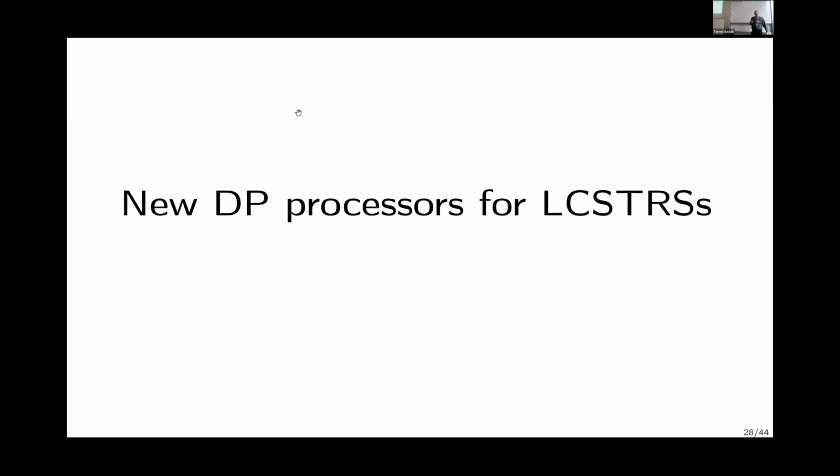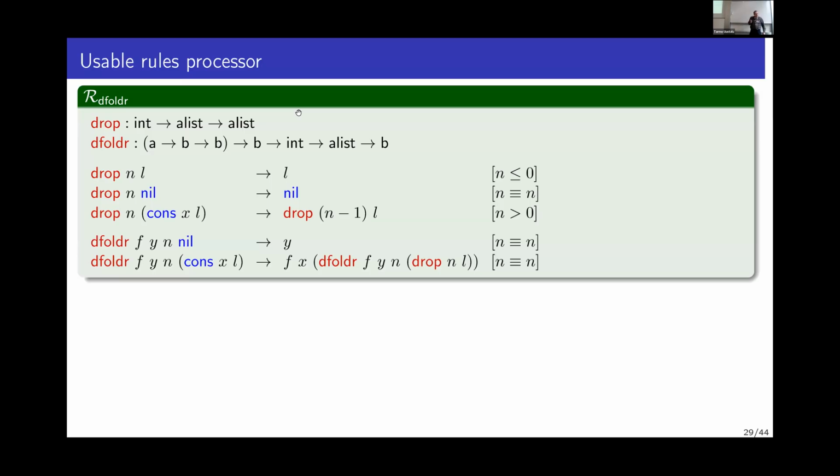A few words about new dependency pair processors. So consider this example of a function that essentially takes the idea of a fold and drops a few elements between applying the function call. So it simultaneously drops elements and folds the remaining list.